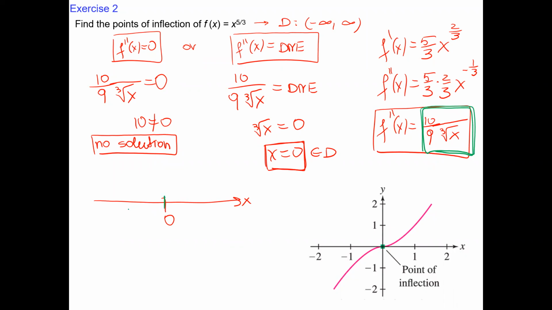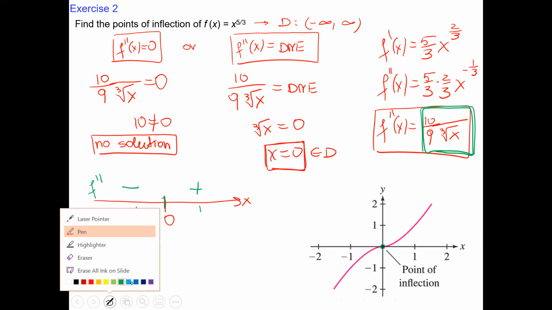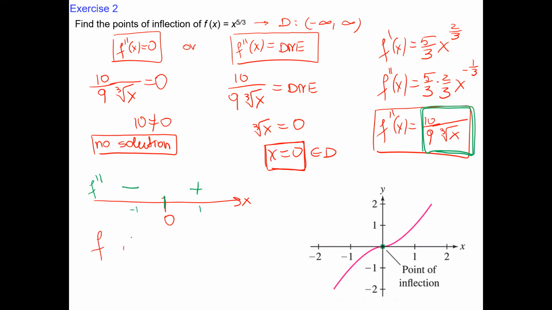I can substitute a negative number, -1 for instance, then we will get a negative number. When I substitute +1, 10/9 cube root of +1, positive. It means the second derivative is definitely changing sign at 0, from negative to positive. Function is concave down and then concave up.